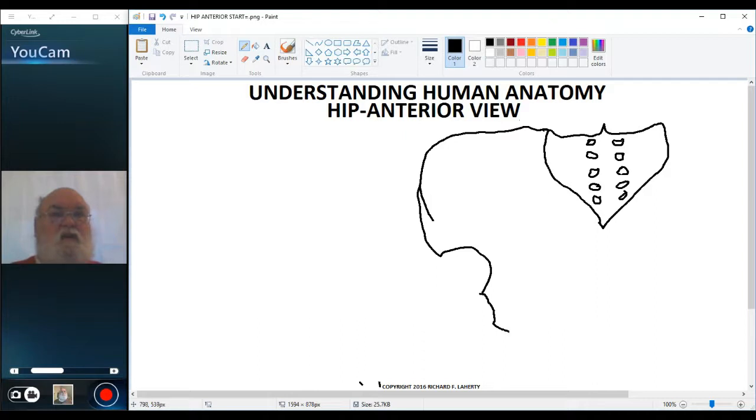And I'm going to continue on around and we're going to have the edge of the pubic bone where it joins with the contralateral pubic bone, and then we're going to have the pubic rami and the ischial tuberosity. There.